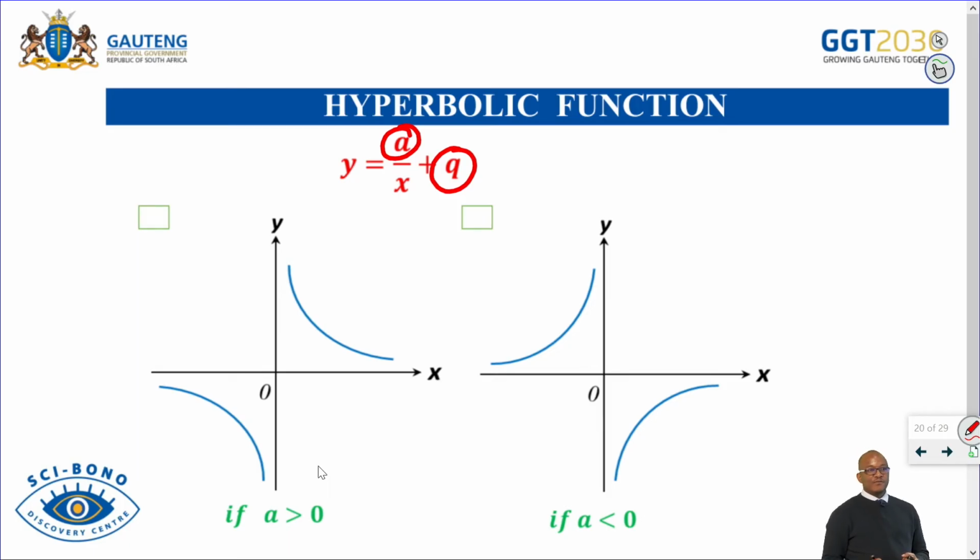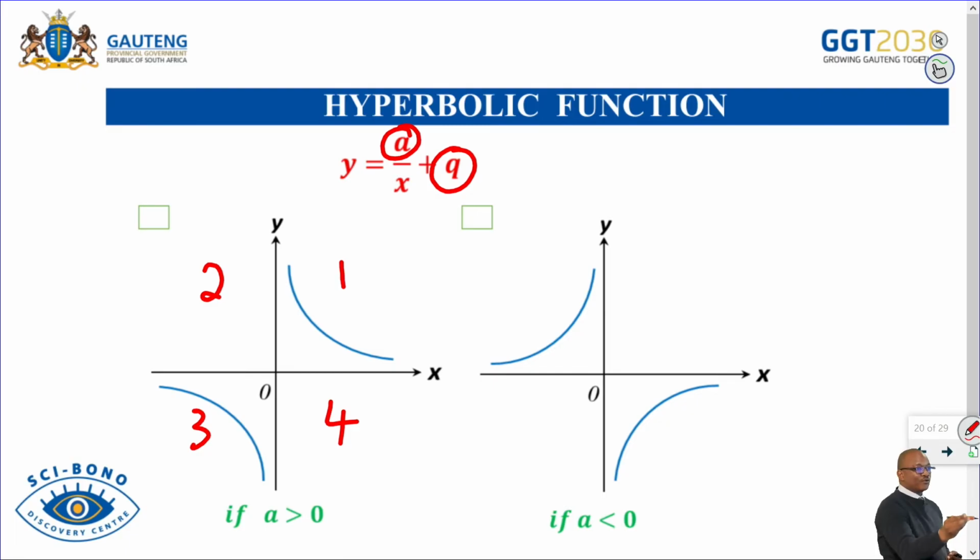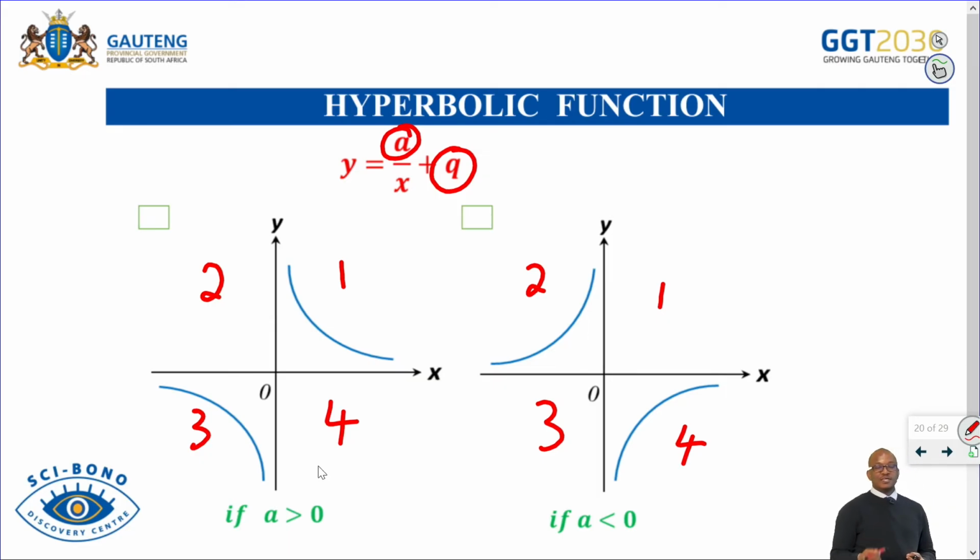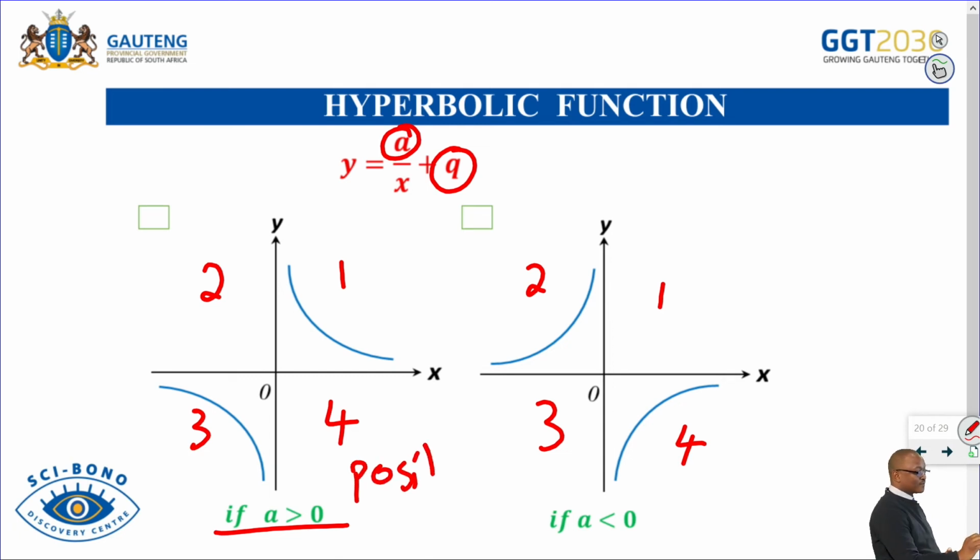Now, for this type of graph, we know that we have quadrants. In a quadrant, you have quadrant 1, quadrant 2, quadrant 3, and quadrant 4. Also here we have quadrants 1, 2, 3, and 4. So now, you can see the effect of a: when a is greater than 0, it means when a is positive, we expect the shape of the graph to be in quadrant 1 and quadrant 3.